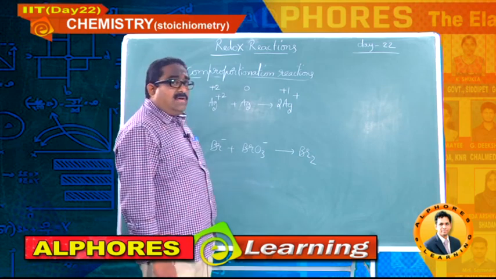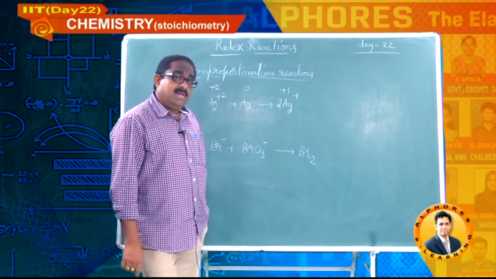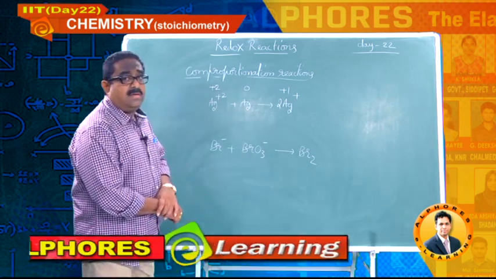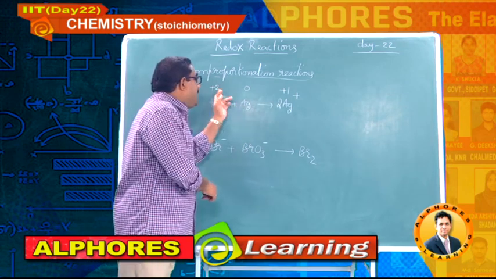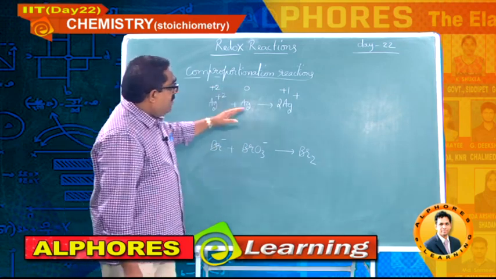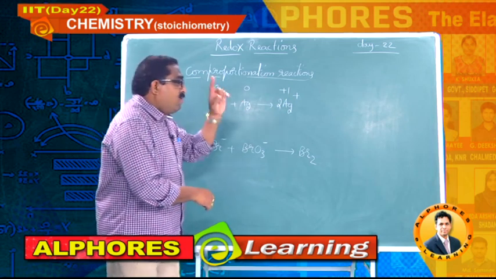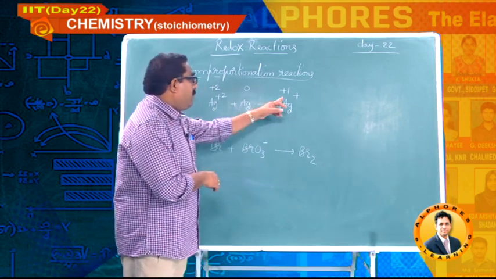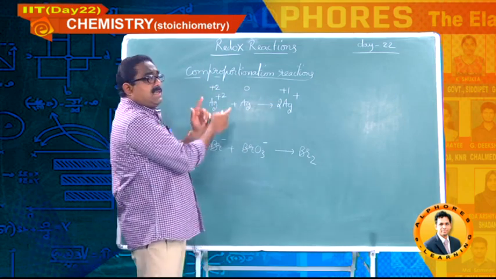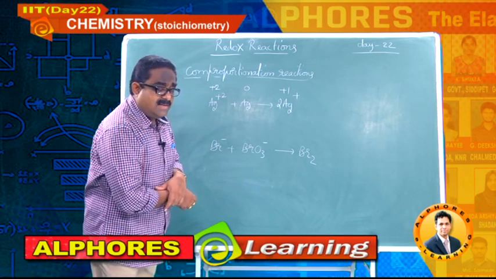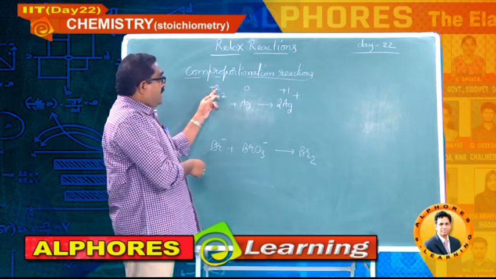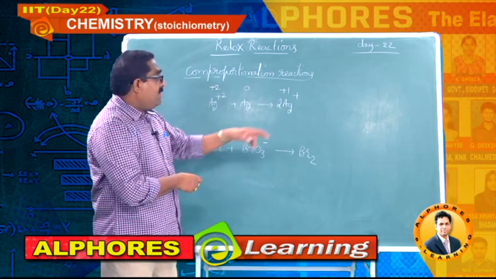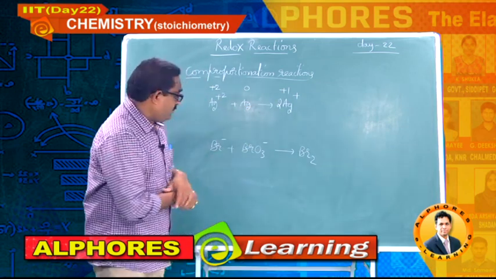The redox reactions in which the same element from two different reactants present in two different oxidation states will go into only one product, and in that product the element possesses an intermediate oxidation state of those in the reactants. Here +2, 0, and all the silver goes in the form of silver plus, where the oxidation state is +1.